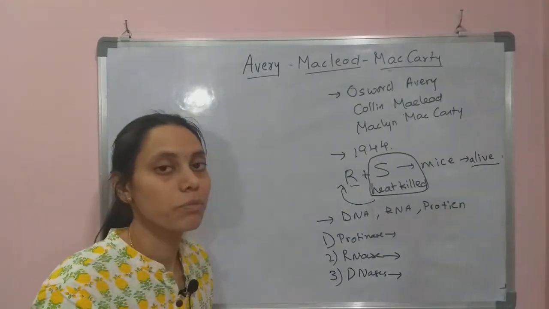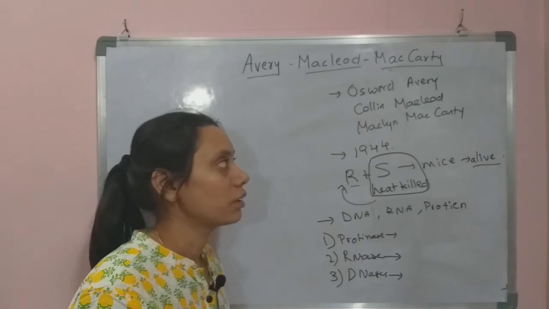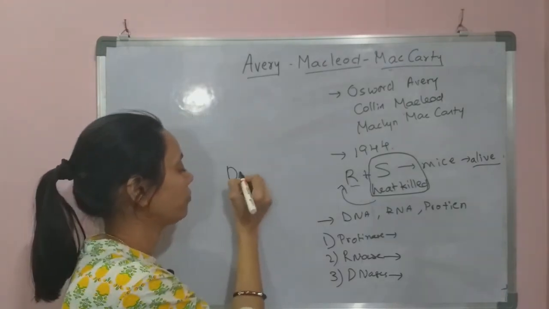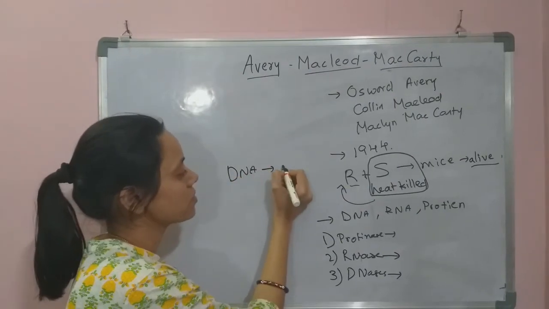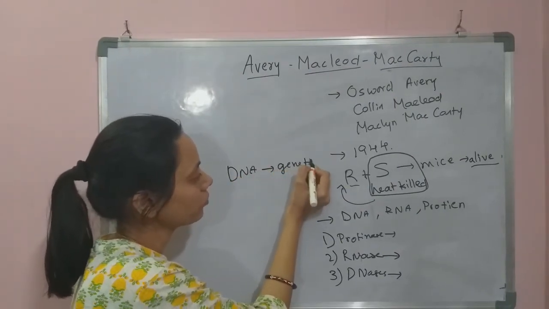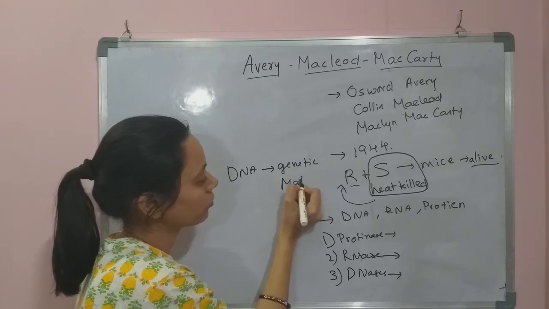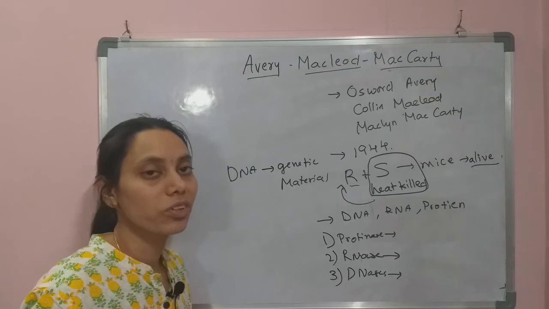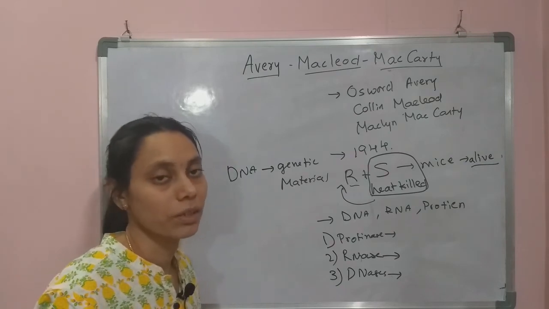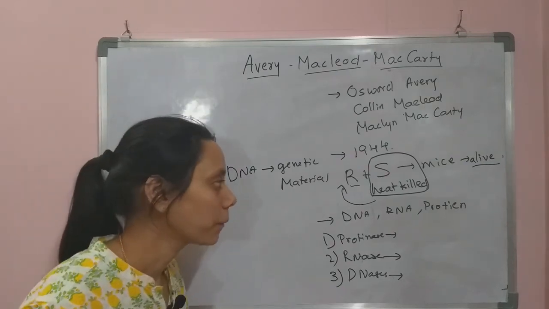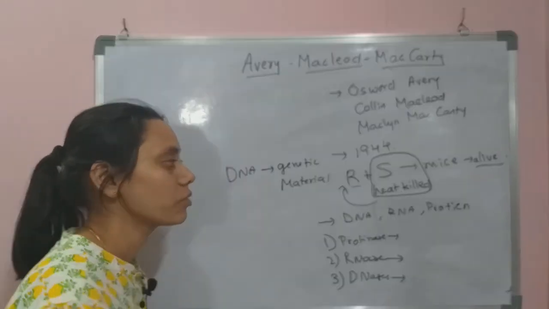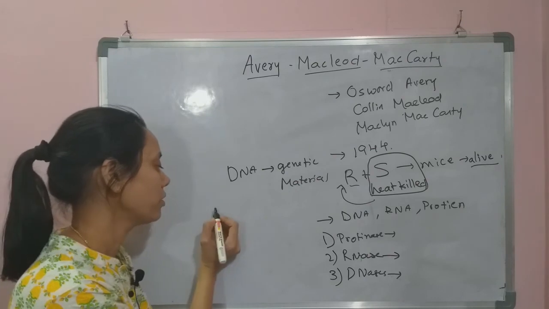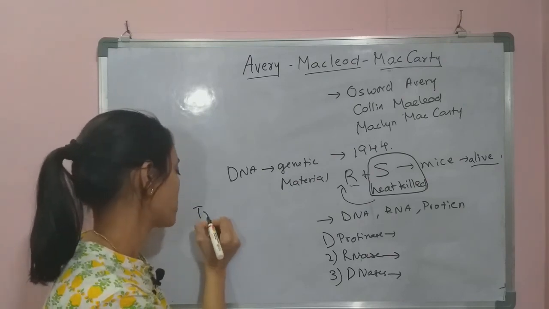This is the basic experiment done by these scientists, and they concluded that DNA is the genetic material. But the scientific community did not actually accept this experiment, so they also tried to explain it by studying the nature of the transforming principle.